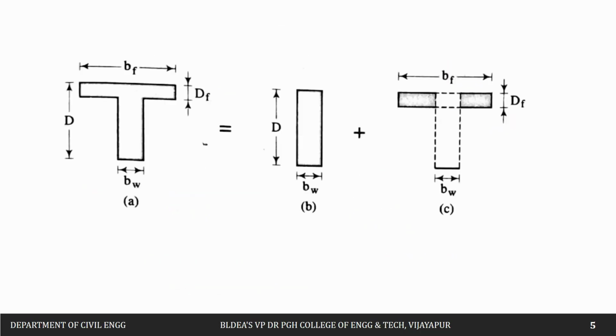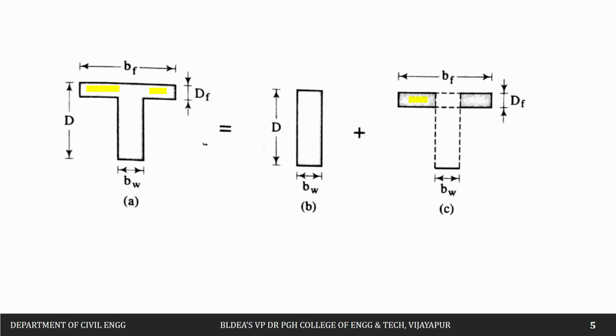Next, how do we find the moment resisting capacity of this T-shaped or L-shaped section? The basic concept is that for this T-shaped beam, we divide it into two parts. One is a rectangular portion, that is D into BW, plus the remaining portion.